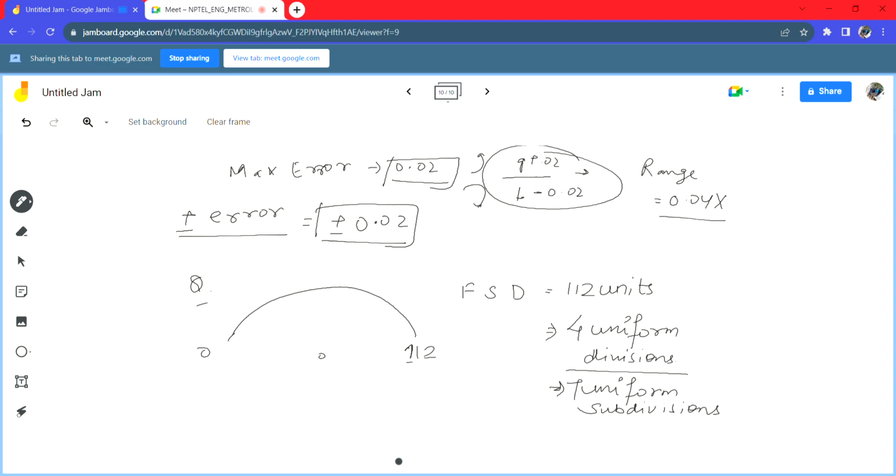So my scale is 1, 2, 3 and 4 here. This is one section, this is the second section, this is the third section, and this is the fourth section. And each section here is made up of 7 subdivisions.